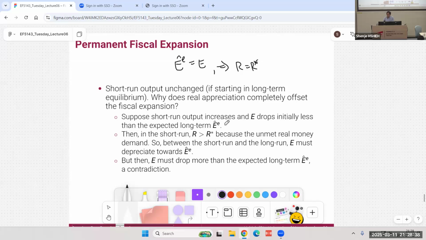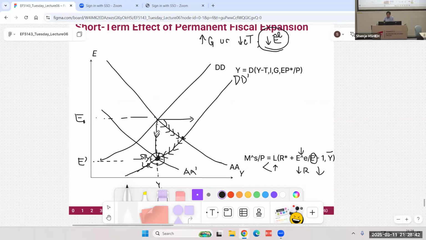All right, so if there is an output effect, what does that look like? So if we look at this graph here, if there is an output effect, that means that the AA schedule did not shift down enough, right? So hypothetically, it means that maybe the AA schedule shifts just a little bit, so we still get something, right?